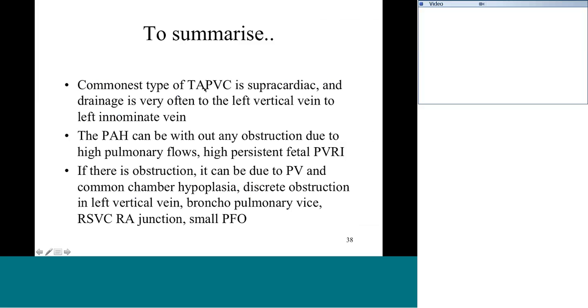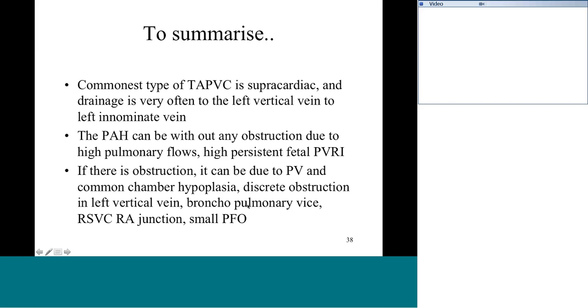So the commonest form of TAPVC is supracardiac. Drainage is often into the left vertical vein. PAH can be without any obstruction, just due to high pulmonary blood flows, high fetal pulmonary vascular resistance, because this is a long circuitous pathway which itself adds to the resistance. If there is an obstruction, it can be due to pulmonary vein and common chamber hypoplasia, discrete obstruction of the left vertical vein, bronchopulmonary vice, or it's also called a hemodynamic vice, right superior vena cava to RA junction obstruction, or a small PFO.